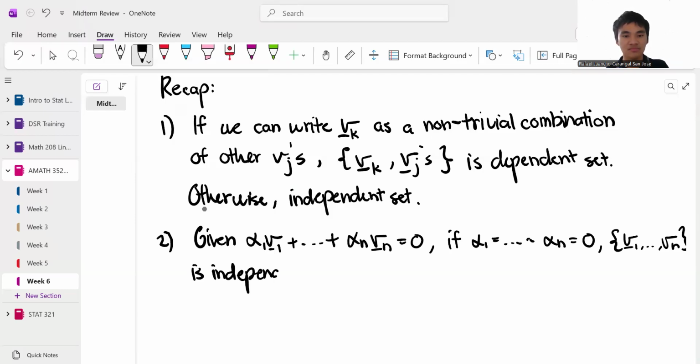Otherwise, dependent. So if we only have that trivial solution where all the scalars are zero, then we know the set of vectors is independent. Otherwise, it's dependent if there's a non-trivial solution of the scalars.